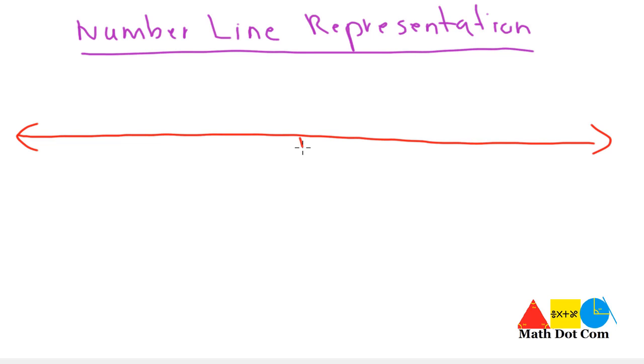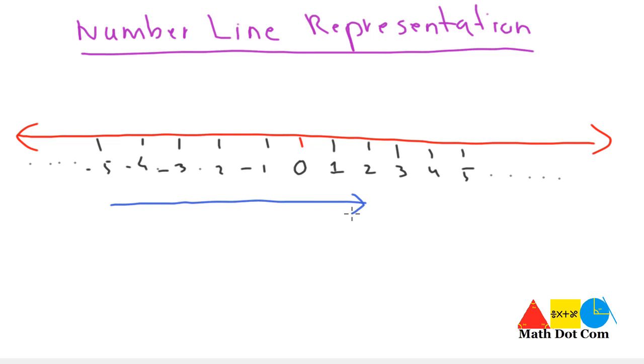Its numbers go to the right from 0: 1, 2, 3, 4, 5 and so on, and to the left -1, -2, -3, -4, -5 and so on. Keep one concept in your mind: when we move towards the right, the numbers are in increasing order.